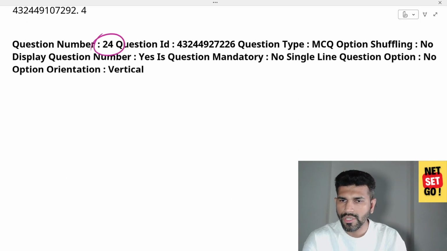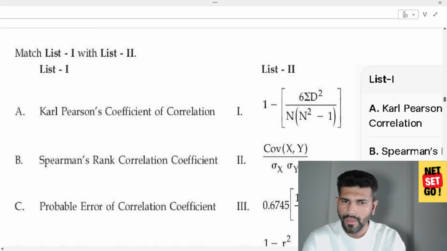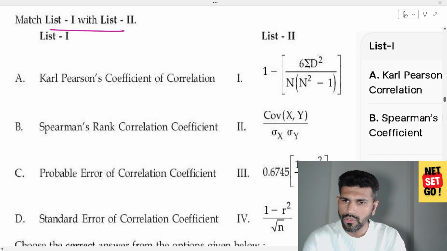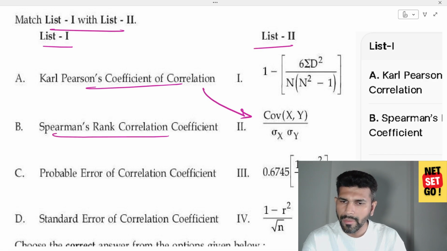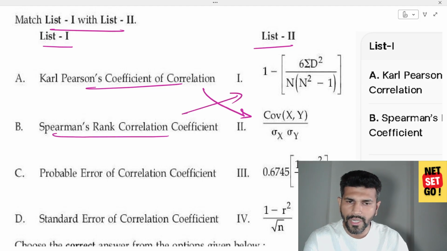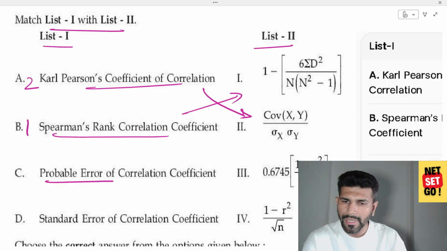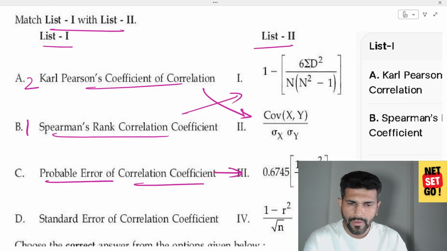Next, question number 24. Match list 1 and 2. Karl Pearson's coefficient of correlation formula, Spearman's rank correlation coefficient 2, 1. Probable error of correlation coefficient 3.